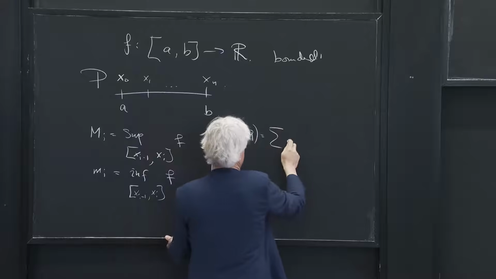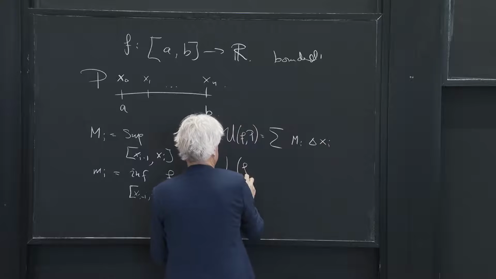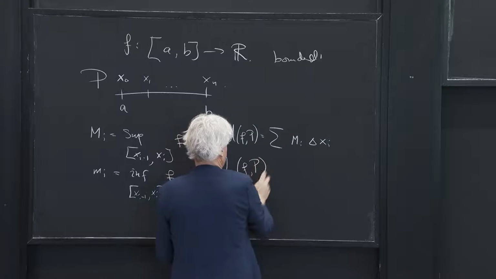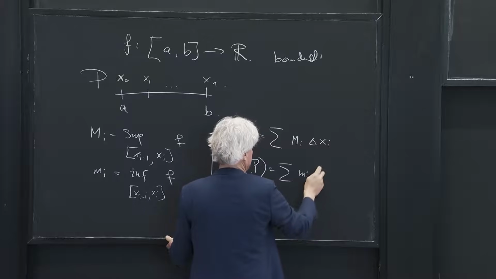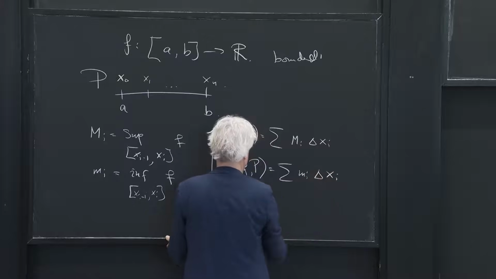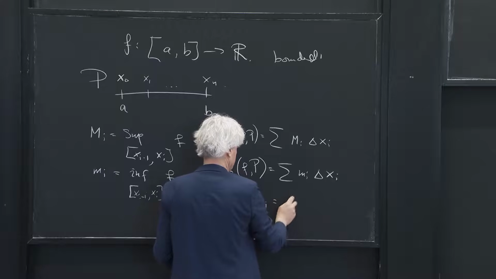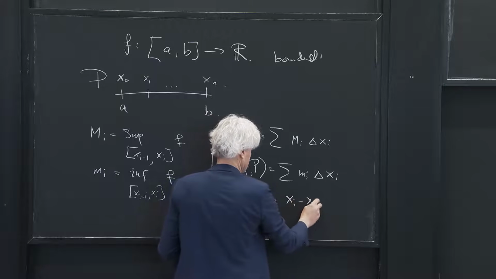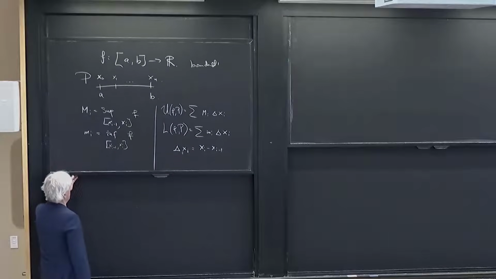So this here was the sum of Mi delta xi, and the lower sum for this partition, which was the sum of the small mi's delta xi, where the delta xi was the length of these little intervals here, like that. Right, and then it was Riemann integrable.